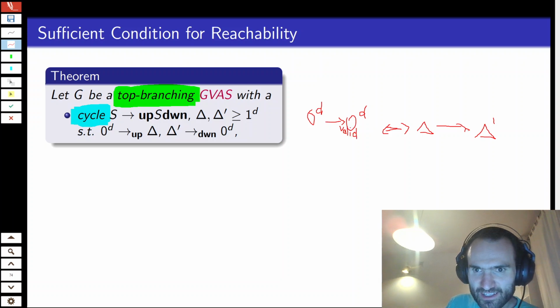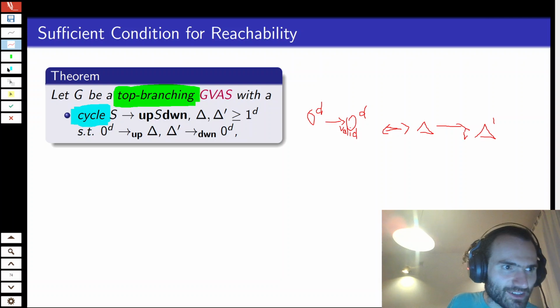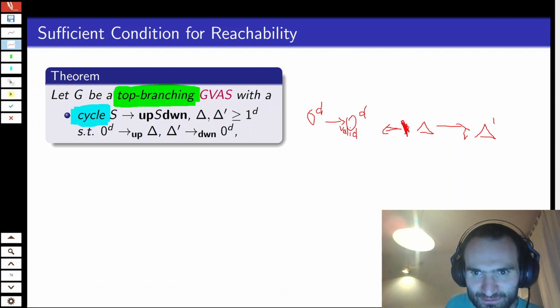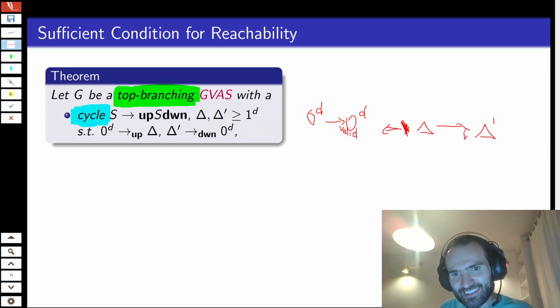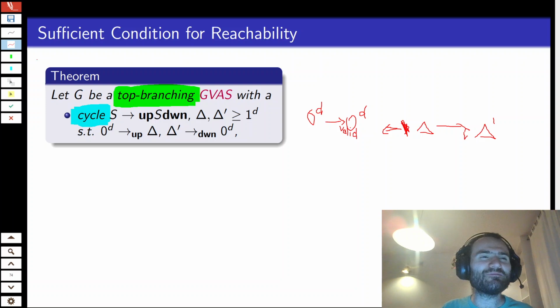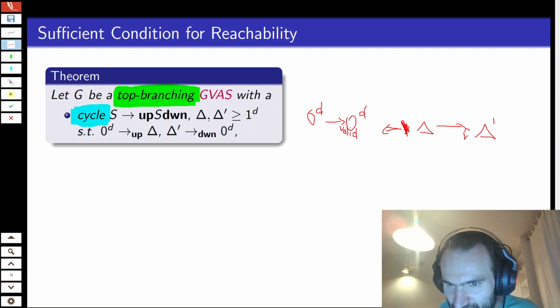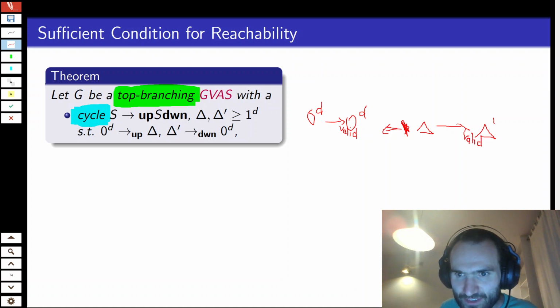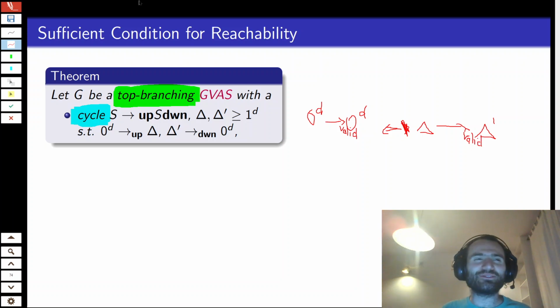Oopsie, no, not equivalent. The important thing is, we have the important direction. If we check that there is a valid path from delta to delta prime, then we know that there is a valid path from 0 to the D to 0 to the D.